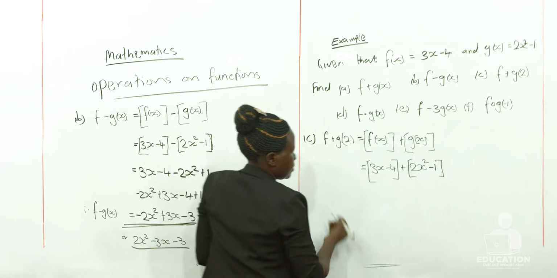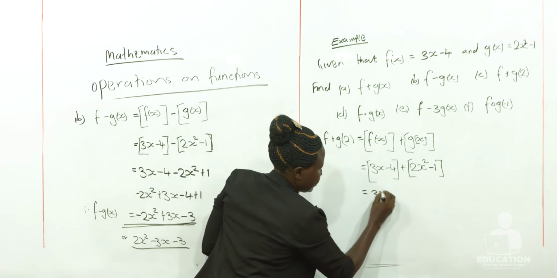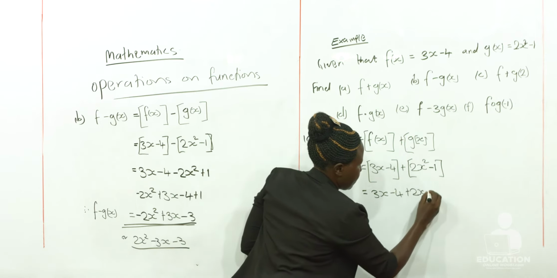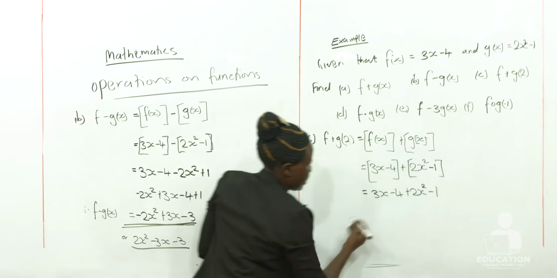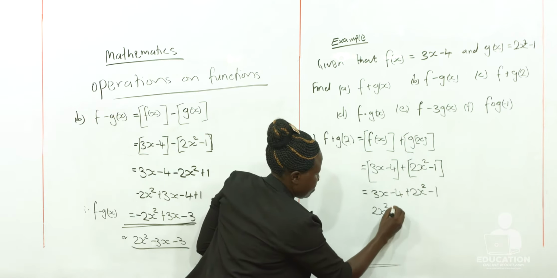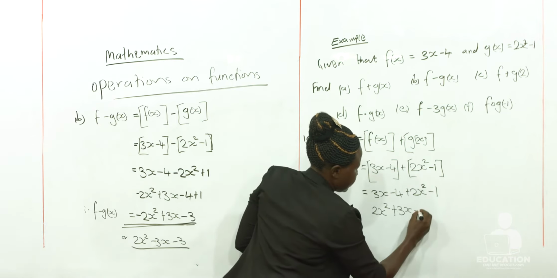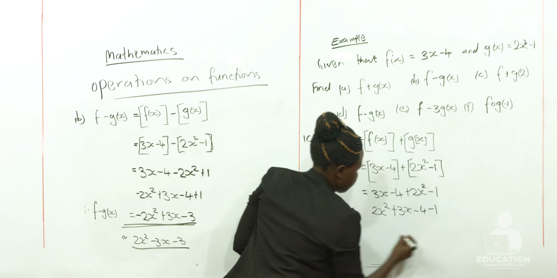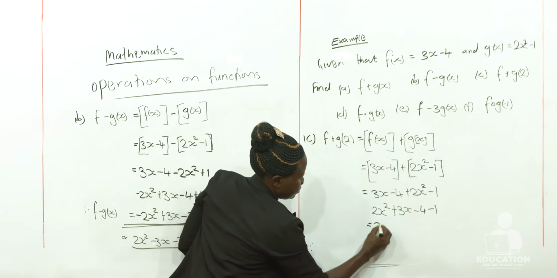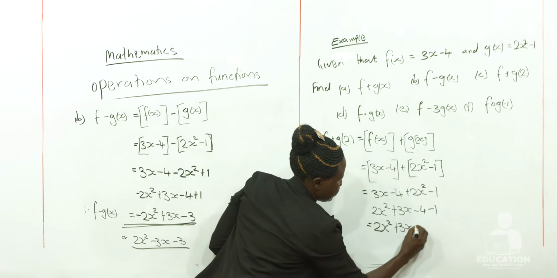So for this case, automatically we get 3x minus 4 plus 2x square minus 1. Then now we arrange them. We have 2x square plus 3x, and then minus 4 minus 1, which will give us 2x square plus 3x minus 5.